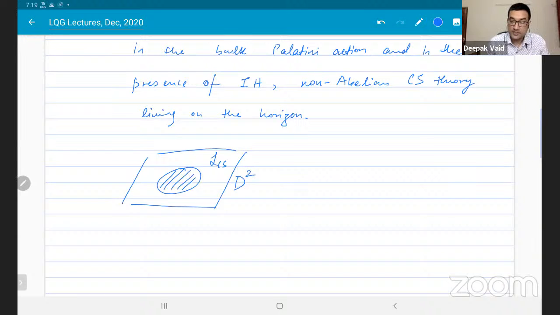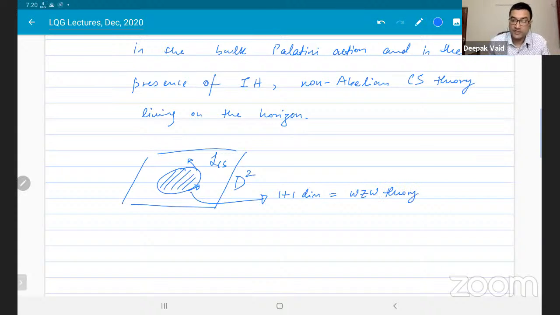Then what happens is that gauge transformations of this bulk theory do not vanish. The variation of this action does not vanish on the boundary, right? And so this induces this one plus one dimensional theory on the boundary, which is called, I think, the Wess-Zumino-Witten theory, right?